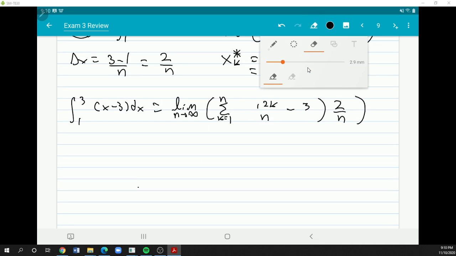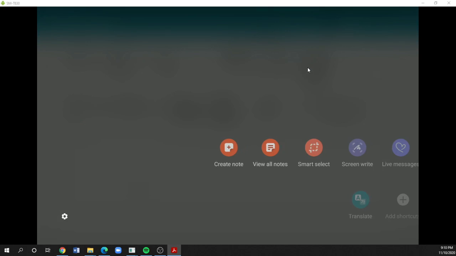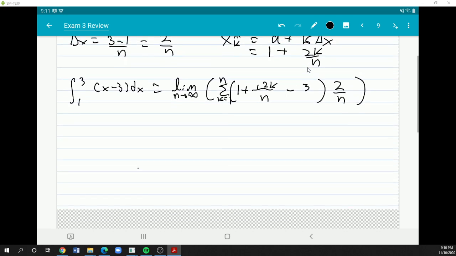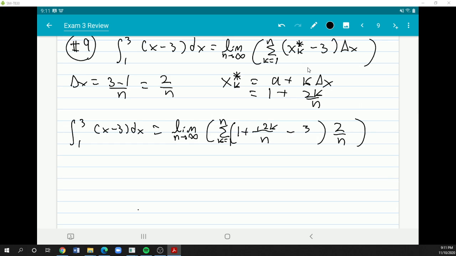This is 1 plus 2k divided by n. Okay, so how did I know I was making a mistake? My n's and my k's weren't going to match up the way they needed to. And that's how I noticed that.